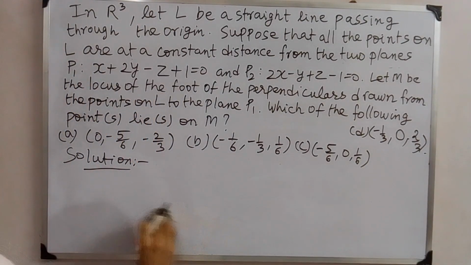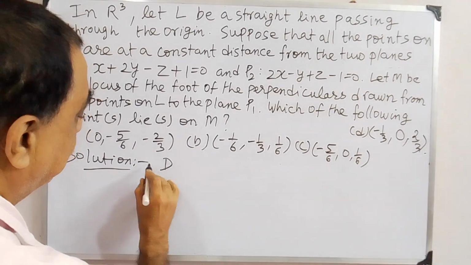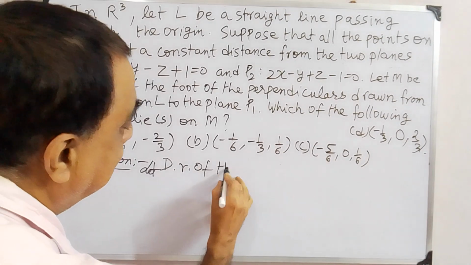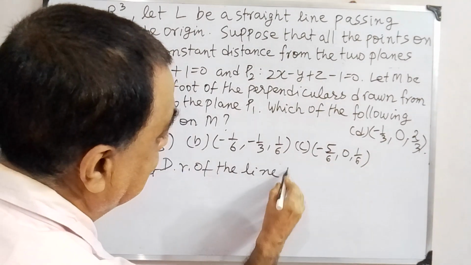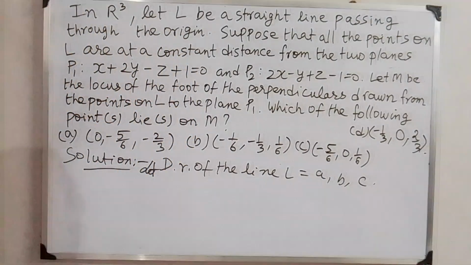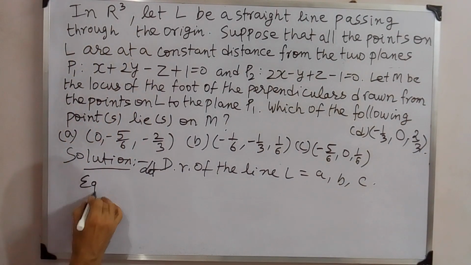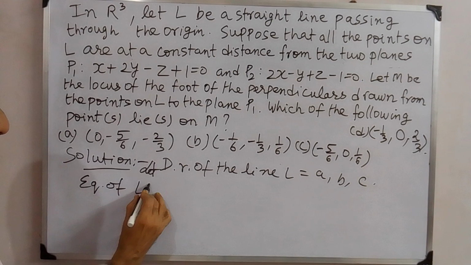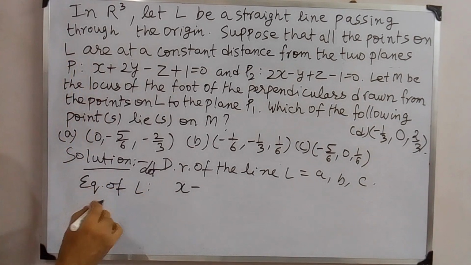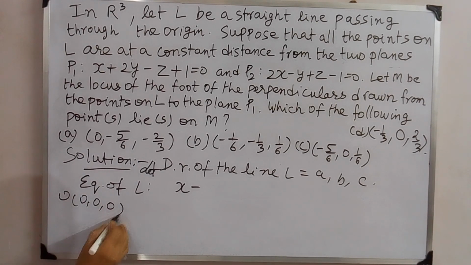Let the direction ratios of the line L be A, B and C. So the equation of L will be: x minus 0, because the line L is passing through the origin 0 0 0.